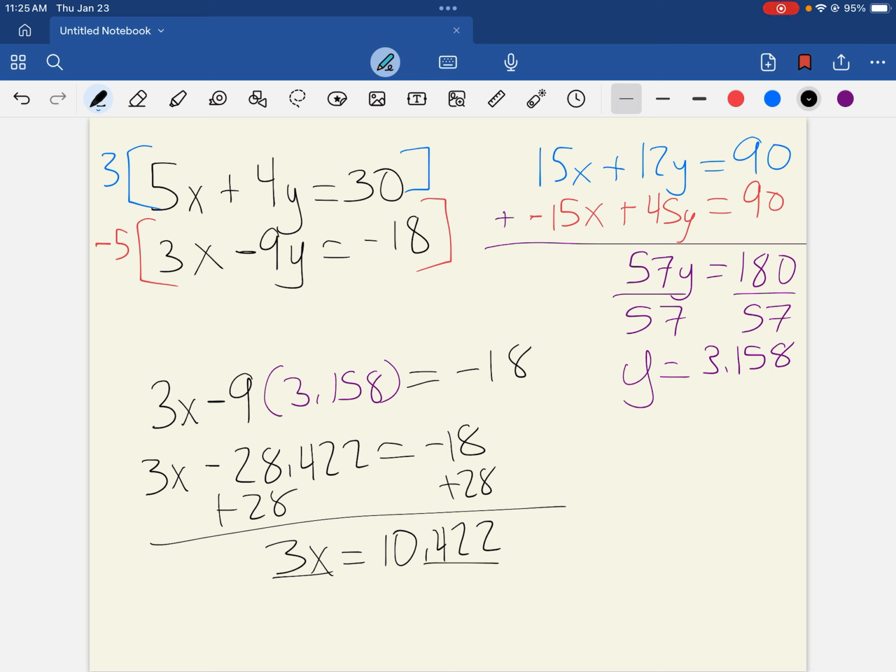I would divide both sides by 3, and we would get x is equal to 3 point some decimal. And then to finish the problem, I would write this as a coordinate pair. Okay, and there would be my solution.